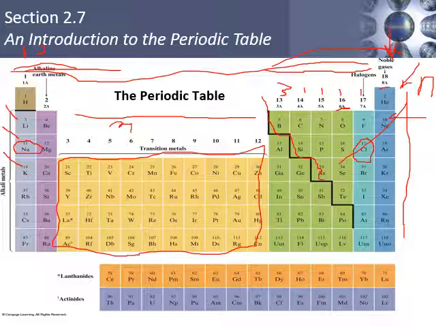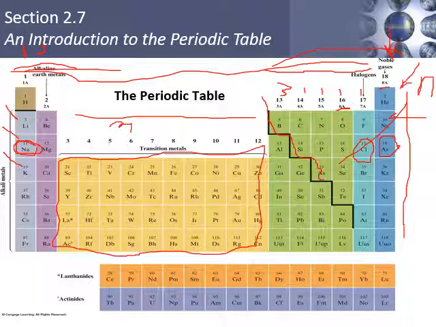Well, think back to what we said a minute ago. It wants 8. How many does it have? 7. So it needs one more to be really happy. So if it takes this electron that sodium just gave to it, then it will have 8. So it will also have the same electronic configuration, as we call it, as a noble gas, in this case argon. Okay, so I think we've said about enough of this.